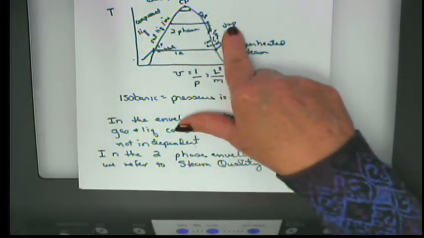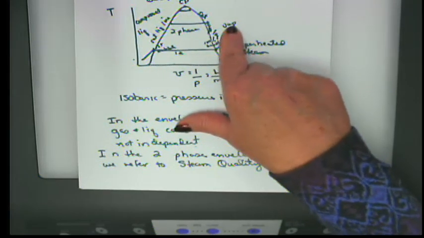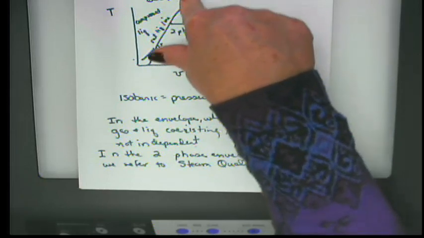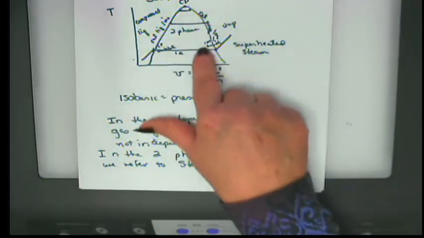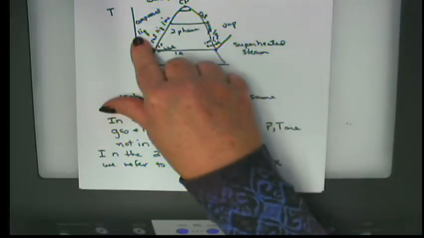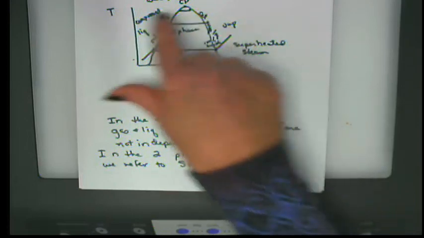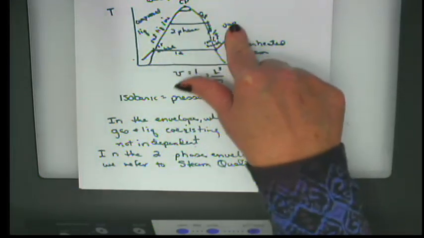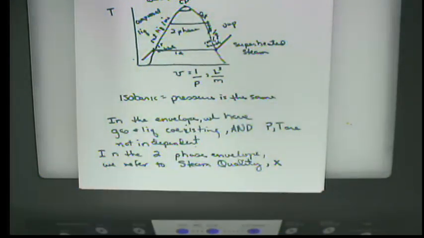It is not defined for a superheated steam, and it is not defined for a supercritical fluid. It is only defined when you have some liquid and some steam coexisting. It's an important point because when we start to fill out charts with this, which is going to be one of our exercises, X is not applicable. It's not 0 over here. It's not 100 over here. It's not applicable. It only has a value within the two-phase envelope.